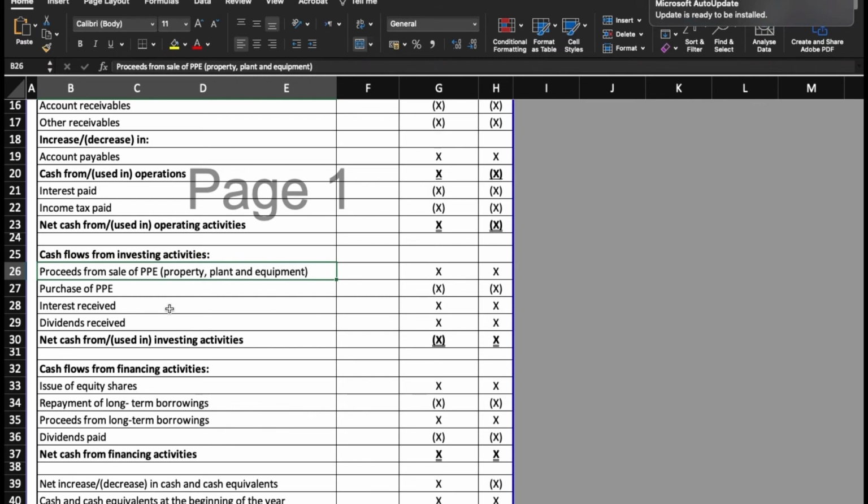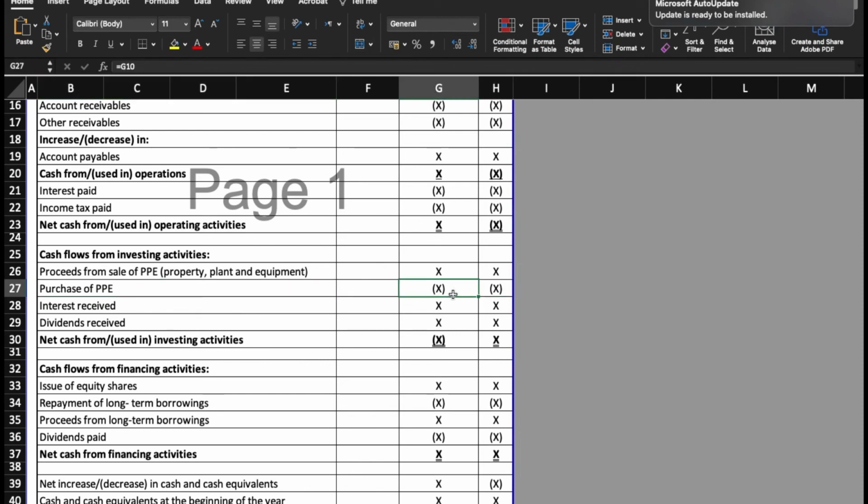If an entity sells any items of property, plant, and equipment, we need to add them here as cash in. Then on the other hand, if there is any purchase or acquisition of property, plant, and equipment items, we should deduct that amount because it is cash out.